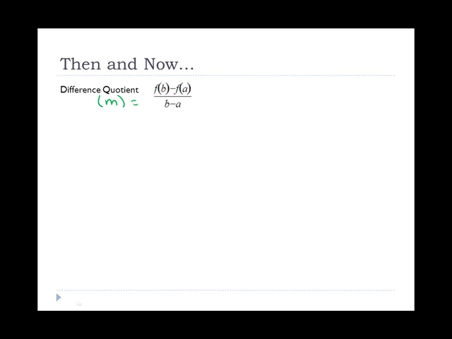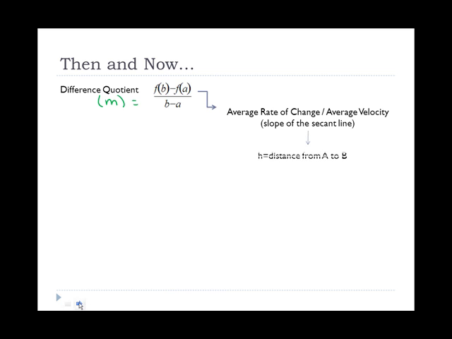So now we start looking at how this applies to a curve, and what we realize is that we can't find the slope of a curve, but we can find the slope of its secant line, and we can estimate that. So that turned into the average rate of change, or the average velocity, which is the slope of the secant line, which is this formula right here.